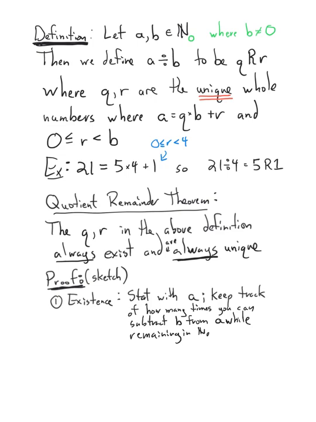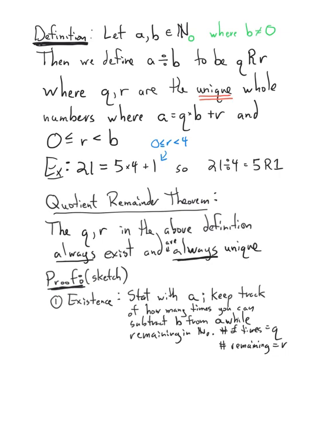So the number of times will give you your quotient, and the last number you land on before, if you subtract again, you go negative, that of course is your remainder. So the number of times is your quotient, and the number you're left on is, of course, your remainder.